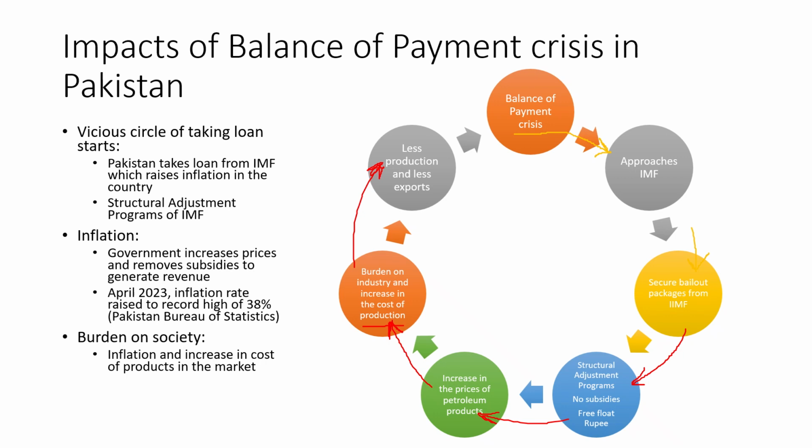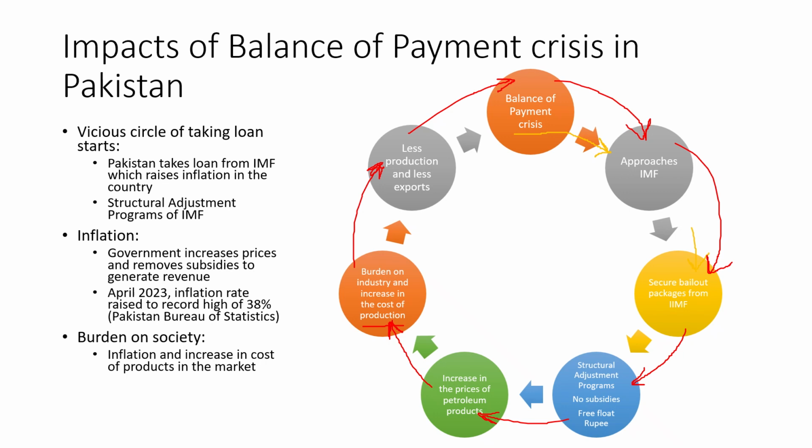And balance of payment crisis means depletion of foreign exchange reserves, and depletion of foreign exchange reserves means the threat of default of the economy, and all this leads again to taking loans from the IMF and the friendly neighbors, and the vicious circle continues and continues and continues, and it goes on. So this is the vicious circle of taking loans.